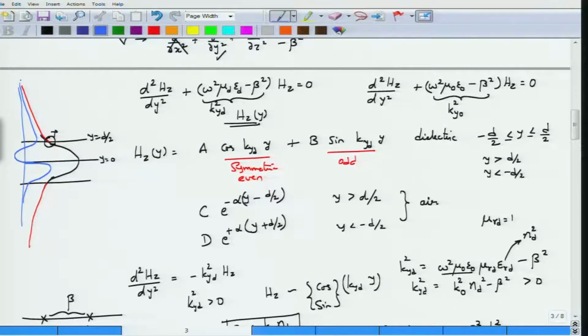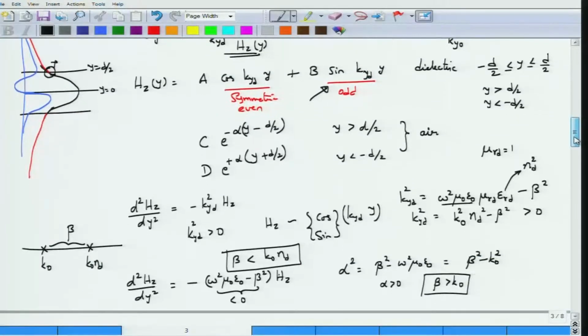This is how the sine waves should look, and they are odd in the sense that at the y equal to 0 plane they carry opposite signs, whereas the cos will have the same sign, and therefore would look like a symmetric or even waveform. So let us look at odd waveforms first.